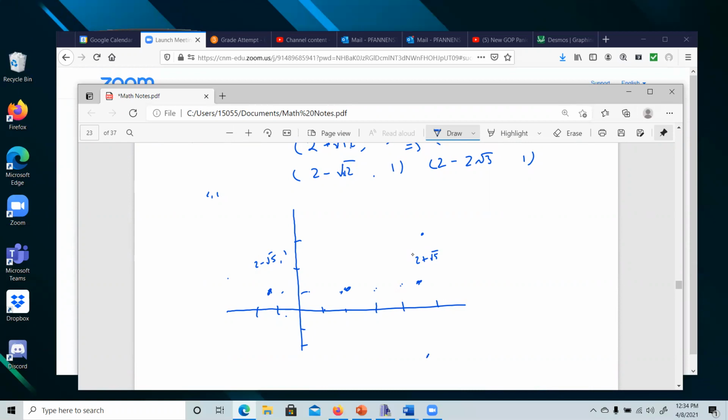This is 2 plus root 5, 1 plus root 7. This point here is 2 plus root 5, 1 minus root 7. Okay, and that's our box. That's part of our box here. Same thing with this one.